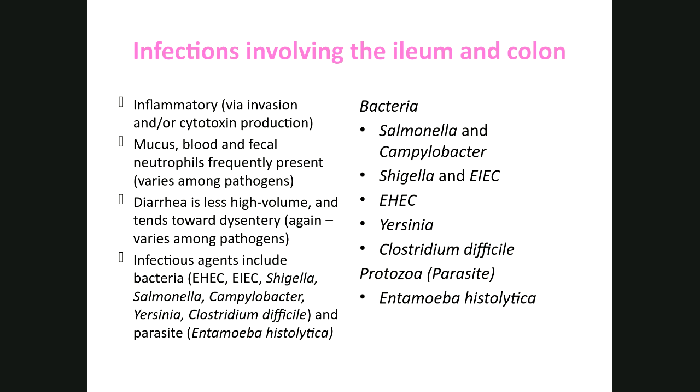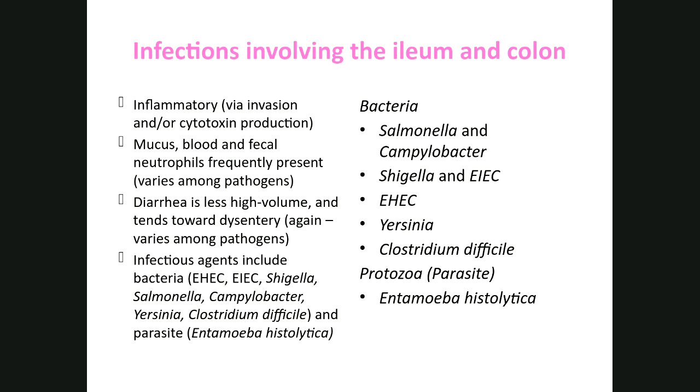If you look at this slide, disease is produced as a result of inflammation, and this inflammation is produced because of either invasion of the mucosa or the submucosa by the organism, or production of a toxin which damages the intestinal epithelium.